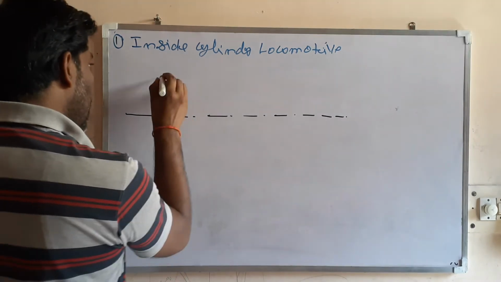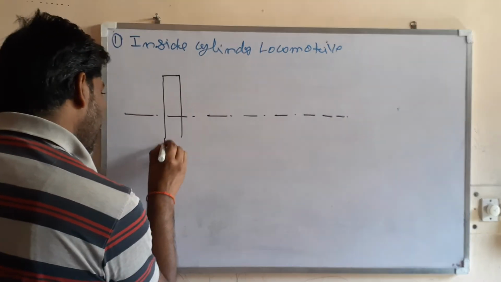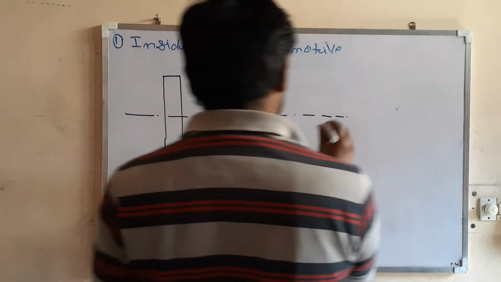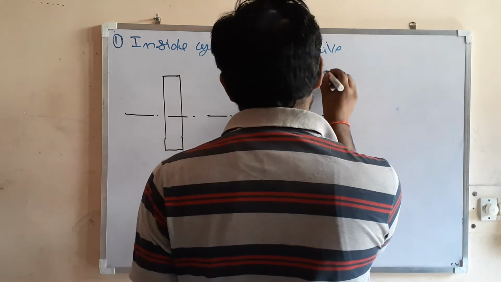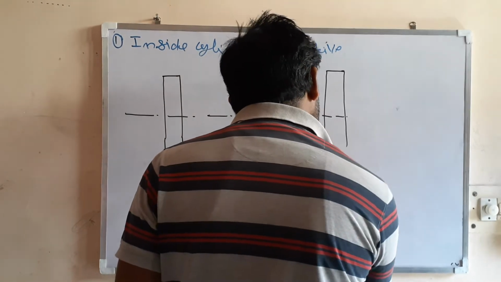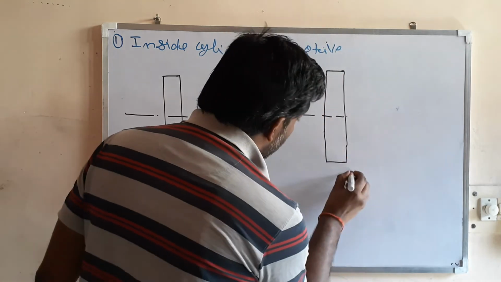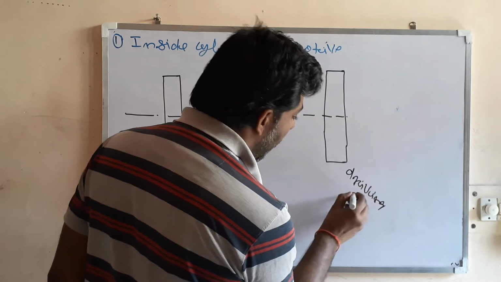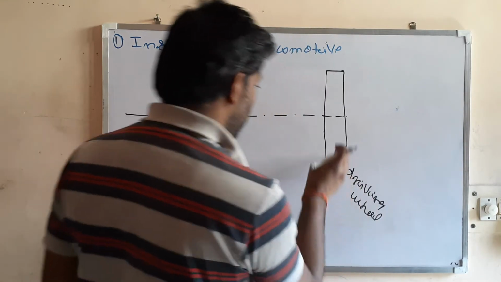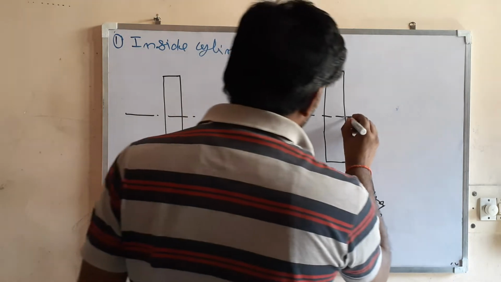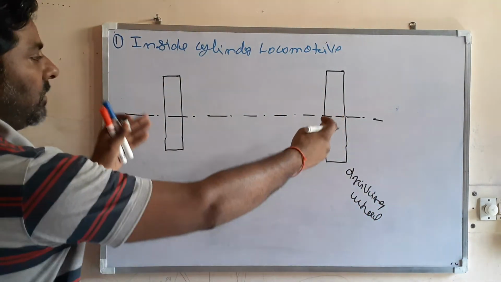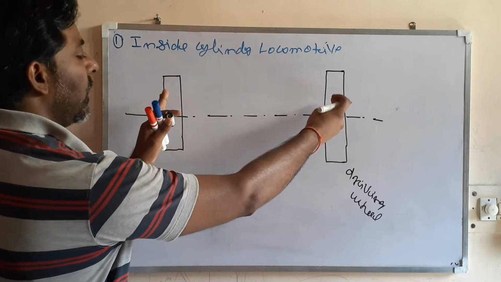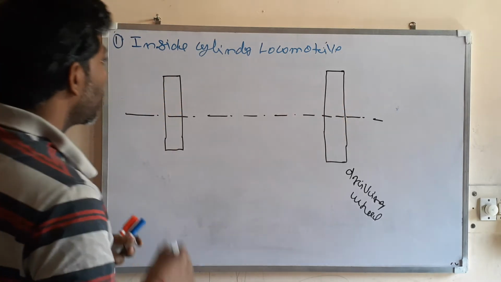Suppose this is the driving wheel, just like the wheel of the train. Driving means the wheel to which the power is given. This is the driving wheel, and this is the axle. On one axle there are two driving wheels, this is one driving wheel and this is the second.